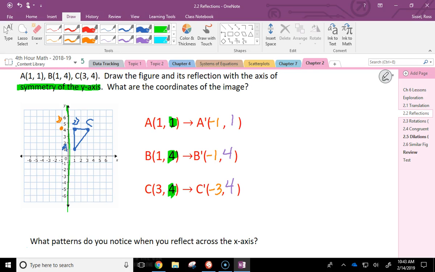So it would be 1, 2, 3. A would have been over just this one. And that made it easy. That's all we're having to do for reflection right now.